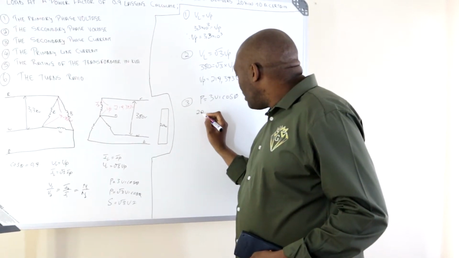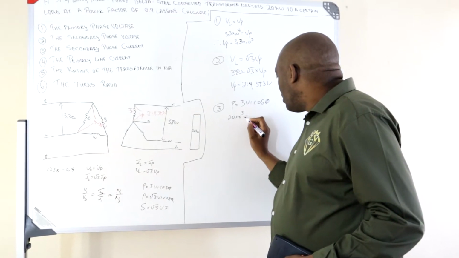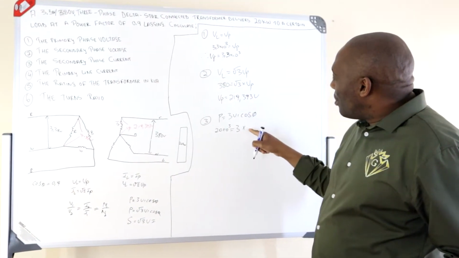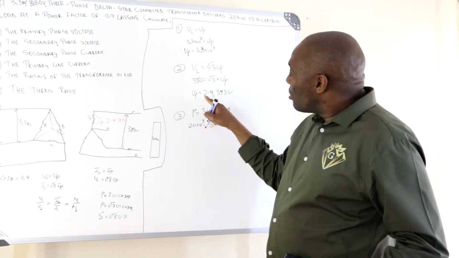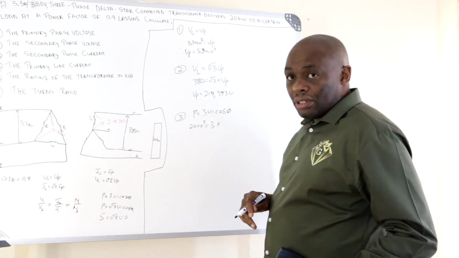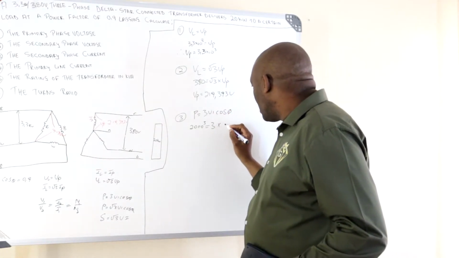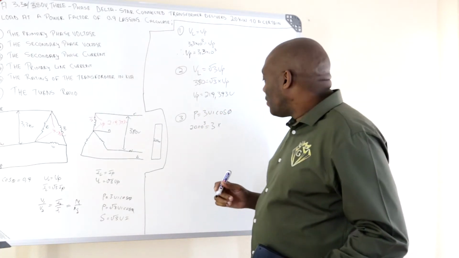We have our actual power here, which is 20 kilowatts. Now the voltage, because I'm using the phase voltage, this value from question number 2 was the value of the phase voltage.